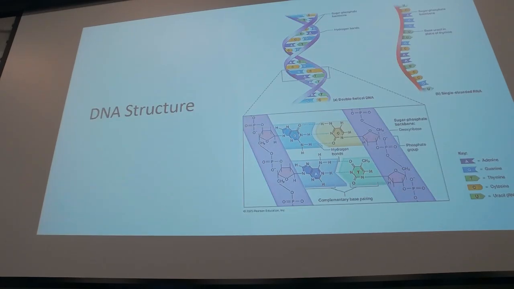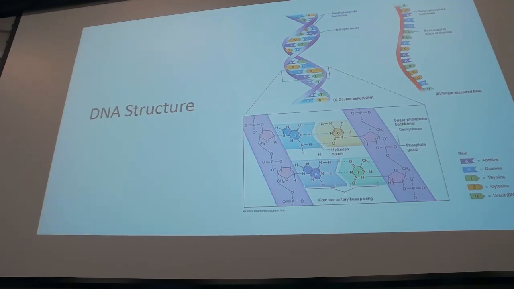And here's the structure of DNA. These nucleotides will form 2 strands. And these 2 strands will be linked to each other in the middle by hydrogen bonds. Depending on the base pairing is how many hydrogen bonds you will have.